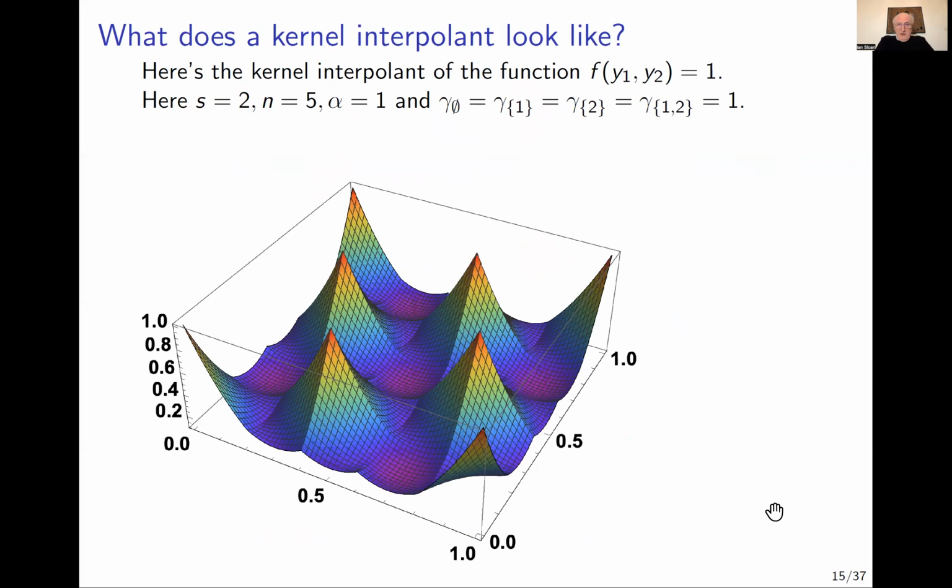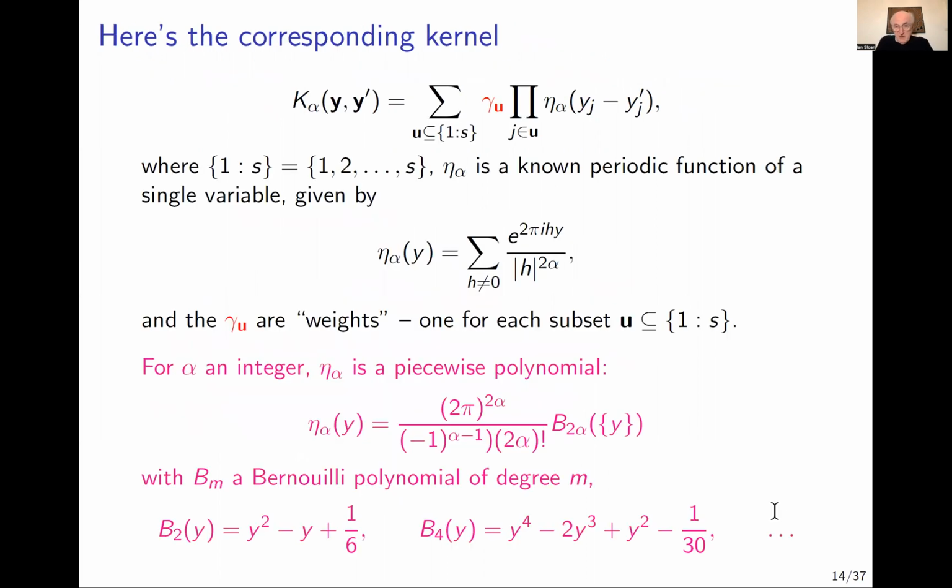Because I show you what a kernel interpolant looks like, and it can be a little horrifying, but let me explain the kernel interpolant of a constant function here. So here S is 2 dimensions, alpha is 1. There are the Bernoulli polynomials of degree 2, because it would be 2 alpha. Yes, eta alpha is in B2 alpha.